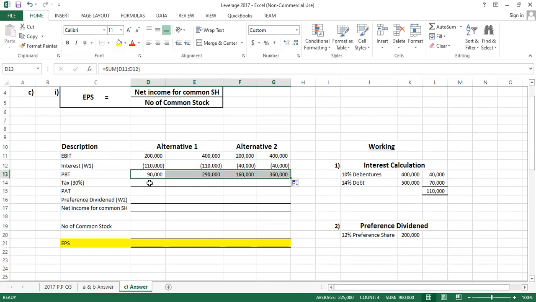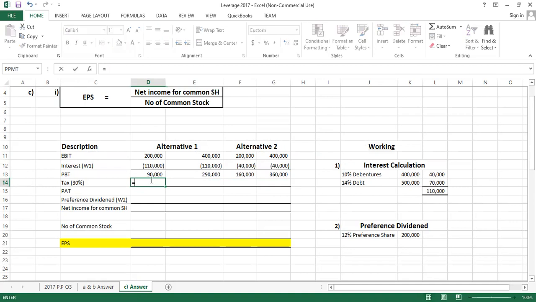Then less the tax amount. Let's see how to calculate the tax amount: equal 90,000 multiplied by 30%.